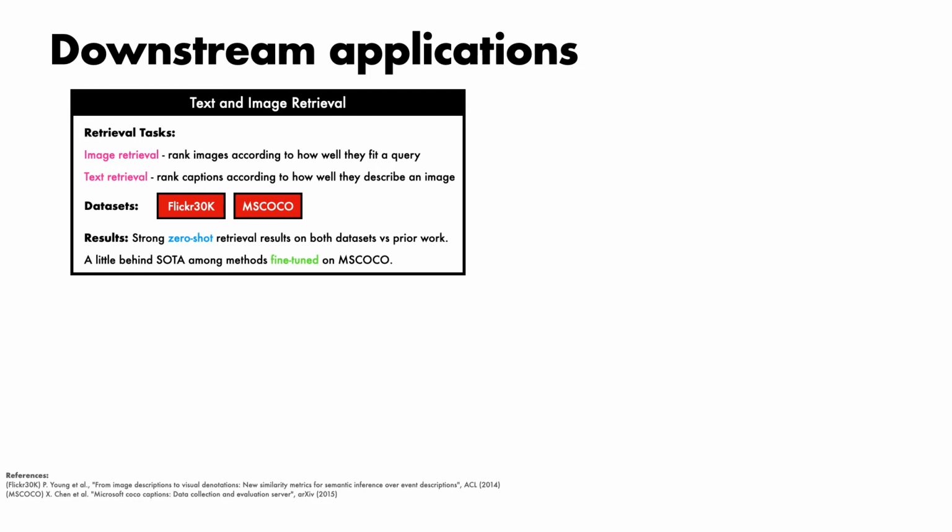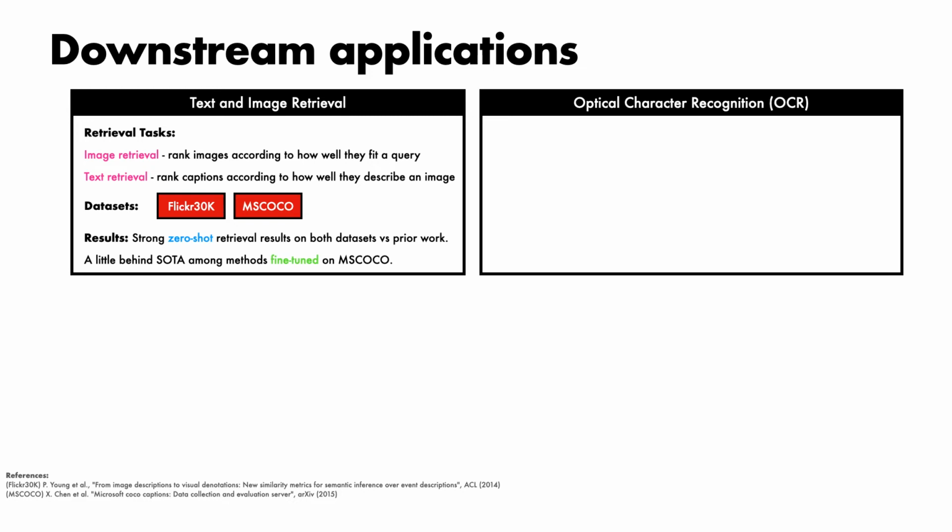The authors noticed early on in their project that CLIP appeared to be capable of some forms of optical character recognition. To assess this ability, they measured performance on 5 tasks requiring either direct or indirect use of OCR.